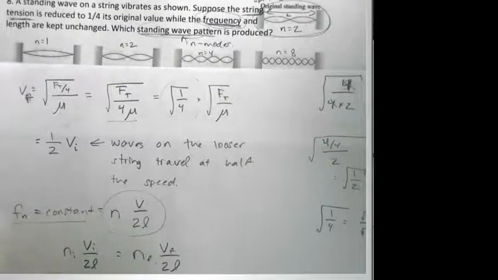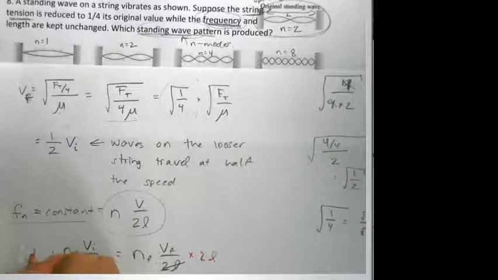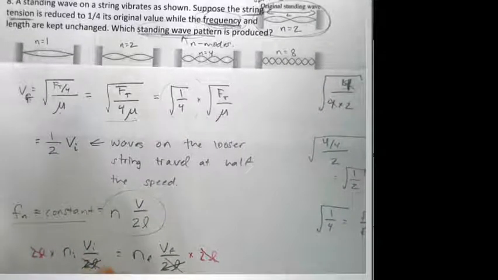And now I can just say, well, 2L appears on the left-hand side and on the right-hand side. So I can get rid of it. If you don't like just crossing it off from that, we could think about multiplying both sides of the equation times 2L. We do it to both sides of the equation. Now 2L is on the top and on the bottom, on the top and on the bottom. And I can say that n initial V initial equals n final V final.